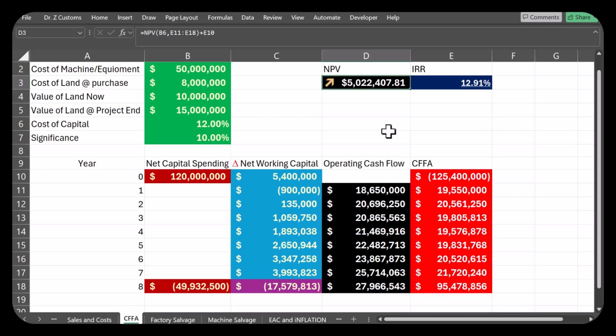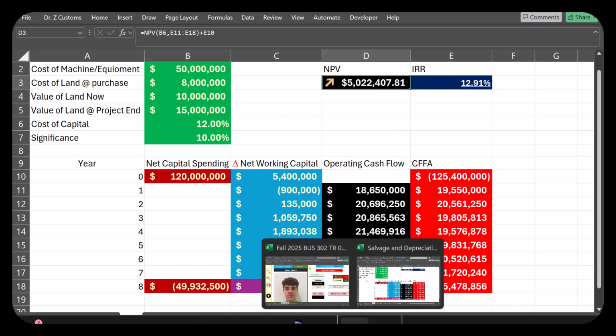So we kind of need to think about two things. One, how sensitive these results are to those forecasting risks. And two, if I can come up with some reasonable scenarios on best case, worst case, what sort of NPVs should I expect?